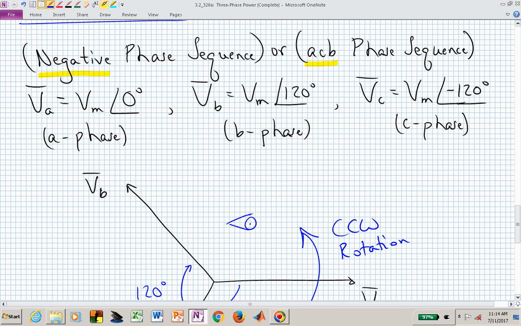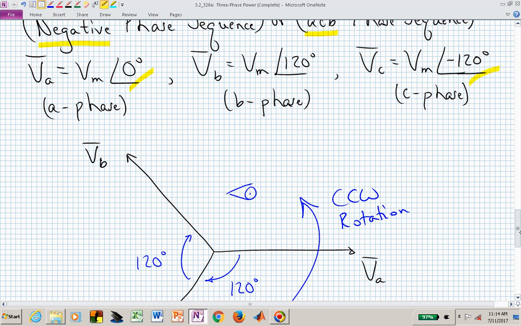And for that reason, then, if A phase is our reference phasor again at 0 degrees, then the next phase that we will see is the C phase. So the C phase has the same amplitude, V sub m. It's now at minus 120. The B phase is behind the C phase 120 degrees. So it's now 240 behind the A phase, or it's at 120 degrees ahead of the A phase.